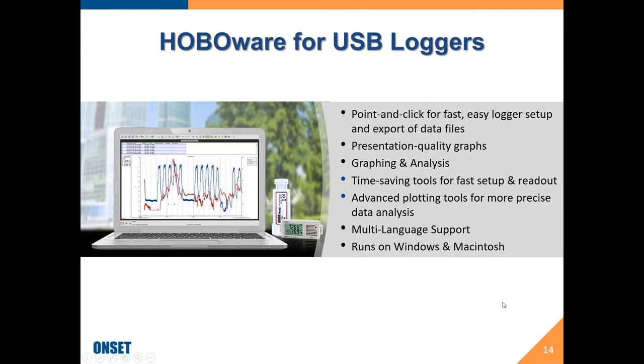HOBOware Pro does have graphic and analysis tools in it, and a lot of time-saving tools that would allow you to launch and deploy multiple loggers. All of the HOBOware runs on either Windows or Mac operating systems.